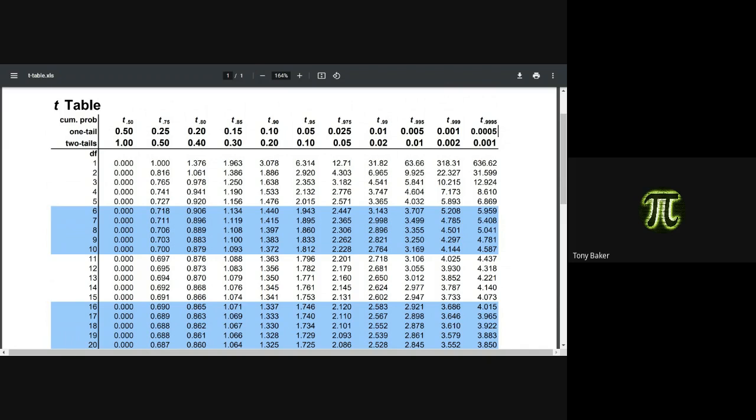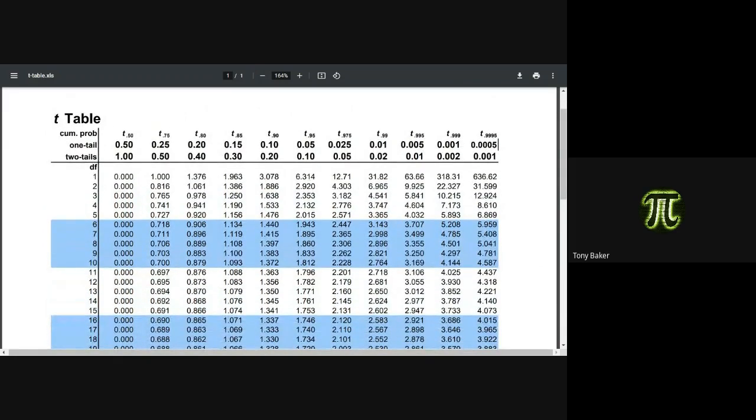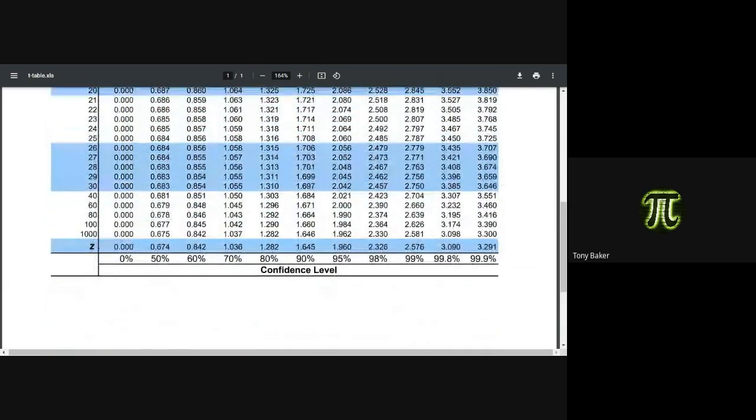In the book, you'd have to split it in half. For the test, I will give you a copy of the Z table and the T table. The T table you're going to get will have the split of the T, one tail and two tail, because I'll actually use this one.